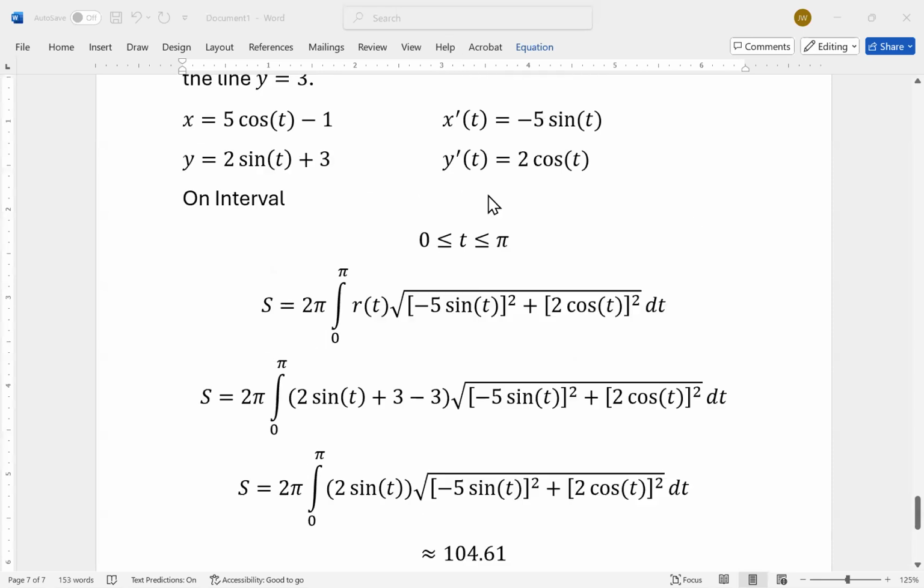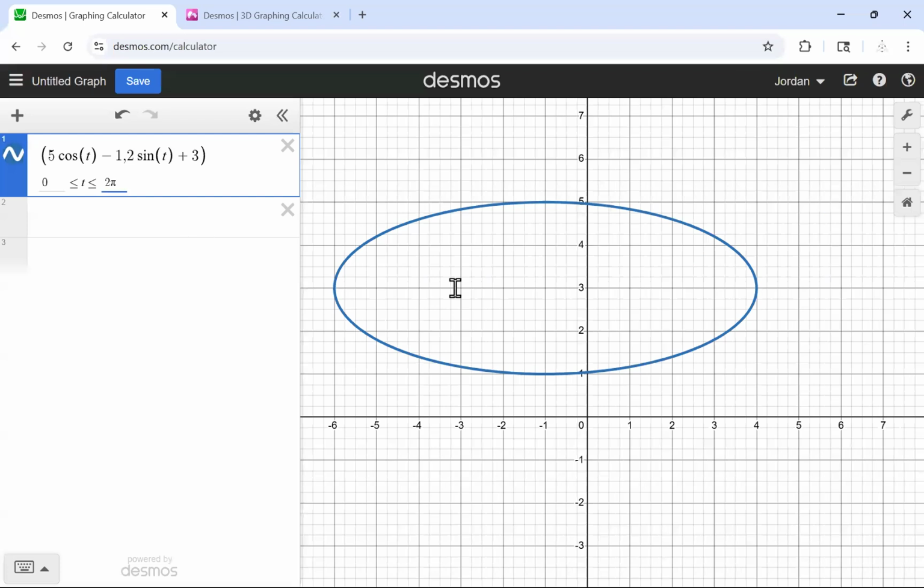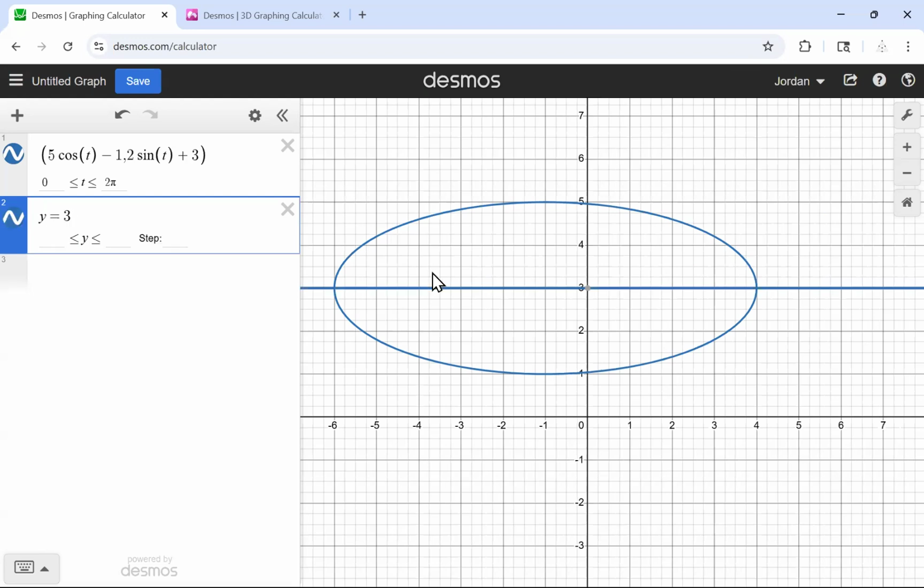And this is how we do those calculations. Again, we have the whole ellipse drawn. We're looking at y equals 3, that is this middle line.